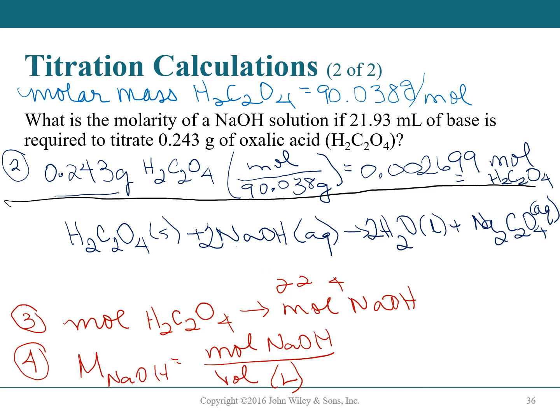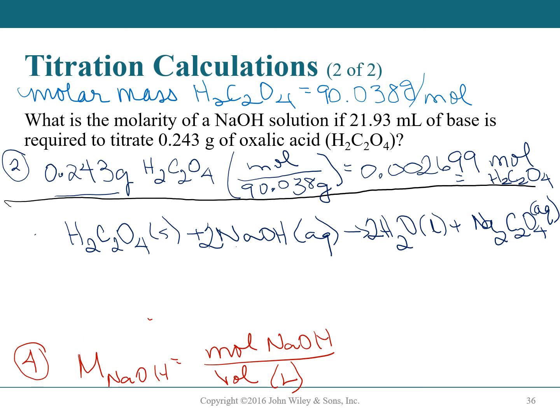Now before I erase the equation so I can get some space to work with, what is my mole to mole ratio here? So 1 mole of oxalic acid for every 2 moles of sodium hydroxide. So let's go ahead and get our moles of sodium hydroxide.